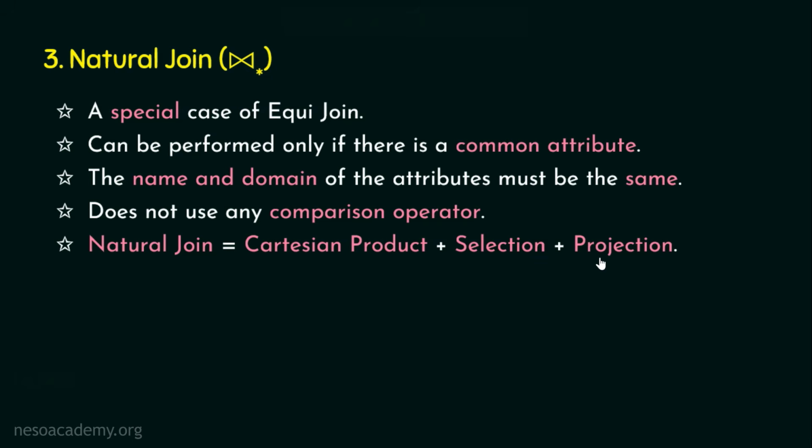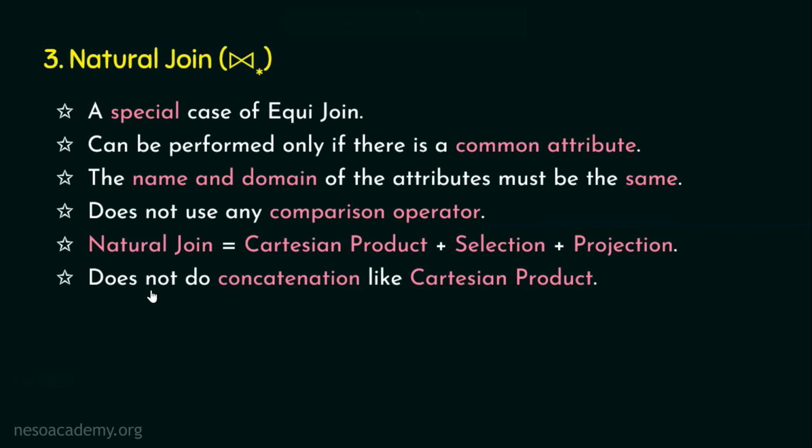So when we say that there is something special here where it includes projection, it means it does not do concatenation like the Cartesian product. The Cartesian product concatenates both, right? But this natural join uses projection. So this natural join does not do concatenation like the Cartesian product.